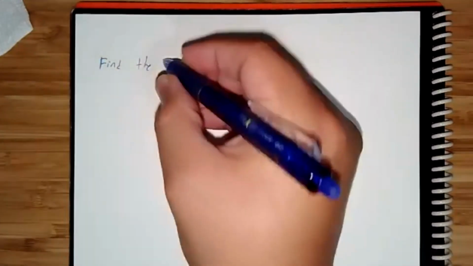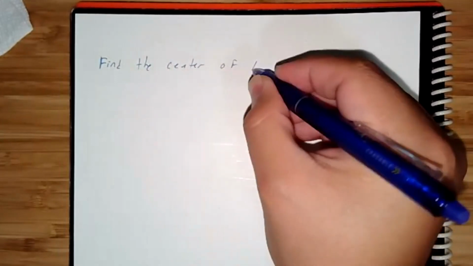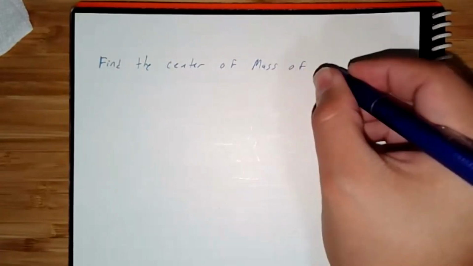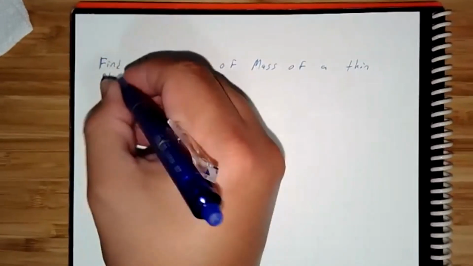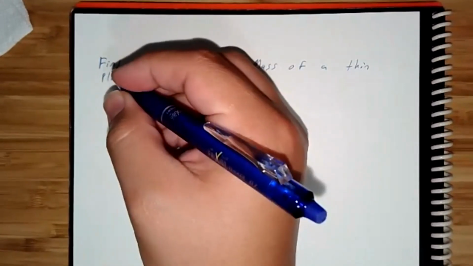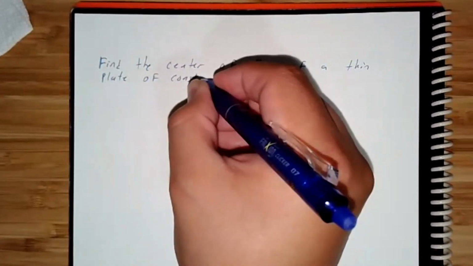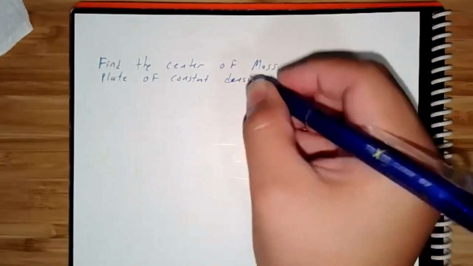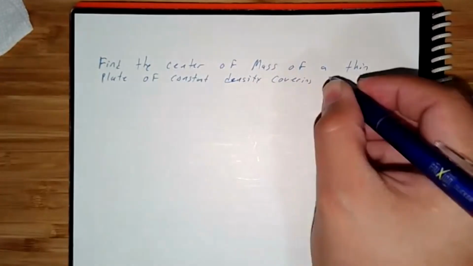Find the center of mass of a thin plate of constant density covering the region.